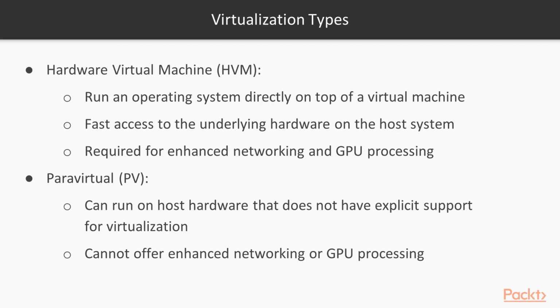Today, however, we have PV drivers available for HVM guests, so operating systems that cannot be ported to run in a Paravirtualized environment can still see performance enhancements in terms of storage and network I/O by using them. In fact, HVM guests can give you either the same or even better performance than Paravirtual guests.